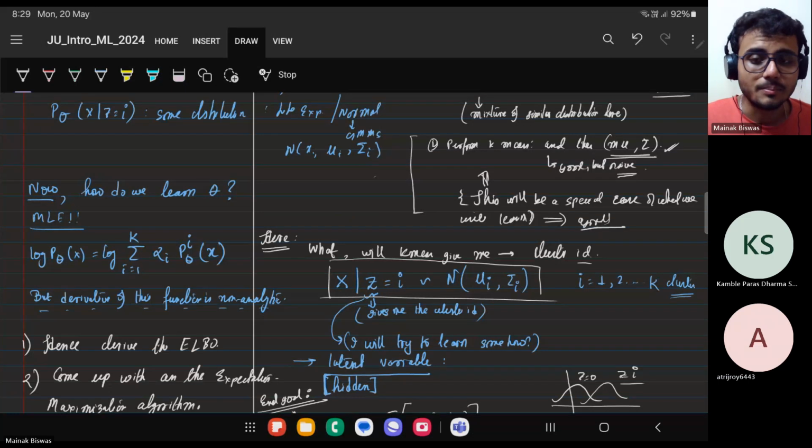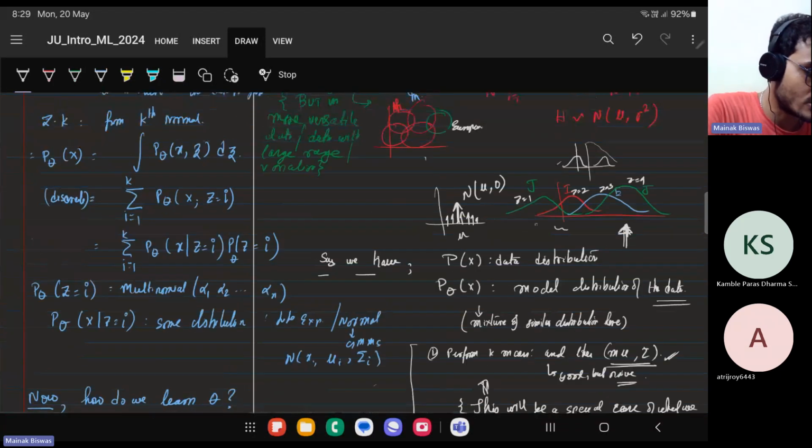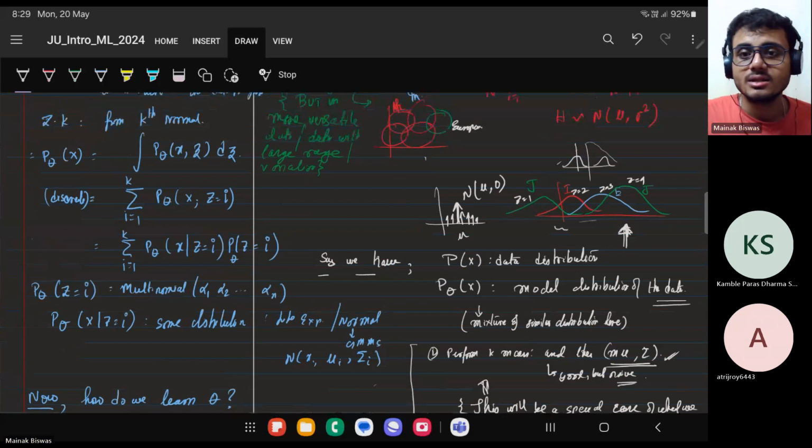Yes. But I am saying that let there be an underlying unknown distribution that is not known. That is the latent or the hidden distribution that decides. So for example, say you have 4 distributions like this. When data is given to you, you don't know which is the latent distribution. That is not given to you.